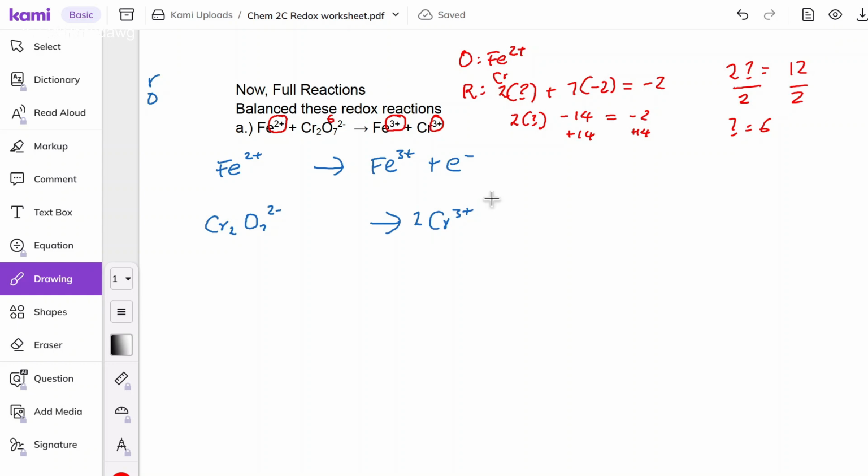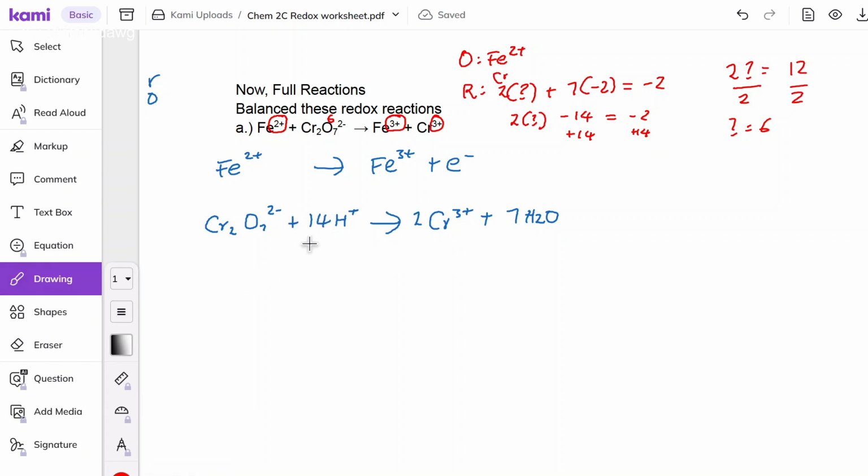So right here, it's still the same thing because I still have to balance the 7 oxygens here, 7 waters, and then 14 H pluses here. And now, since everything is balanced because the chromium is balanced, the H's are balanced, the O's are balanced, we balance the charges.